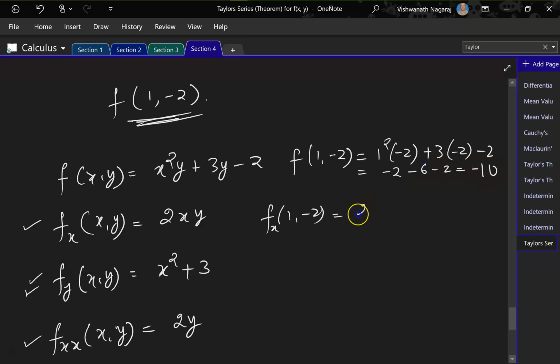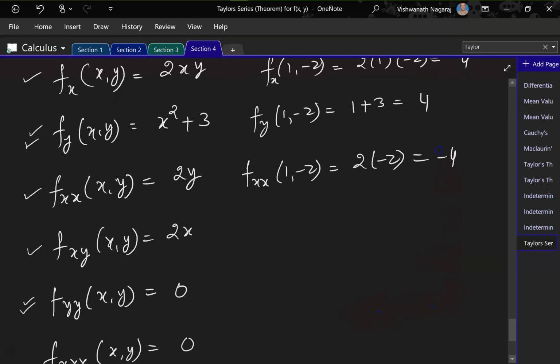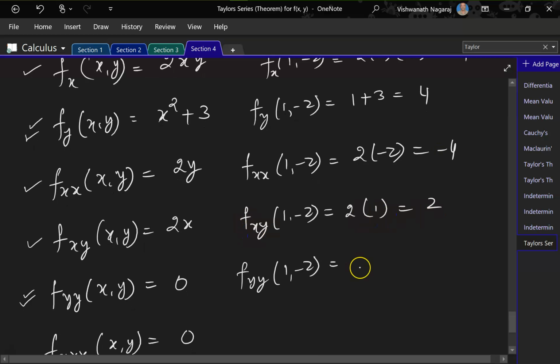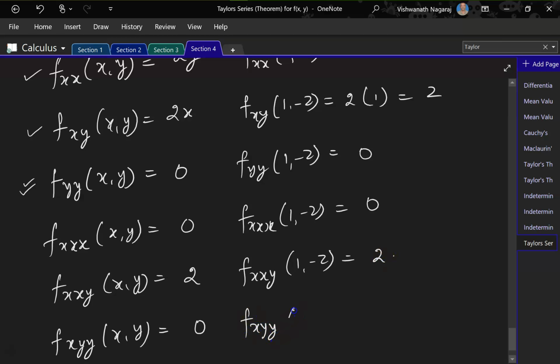This is 2 times 1 times minus 2, which is minus 4. This is x square plus 3, that is 1 plus 3 equal to 4. This is 2 times minus 2 equal to minus 4. 2 times 1, which is 2, and this is 0, and here again it will be 0. This is 2, and these will be 0.